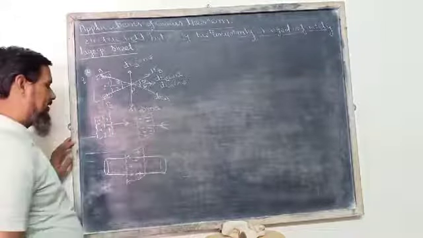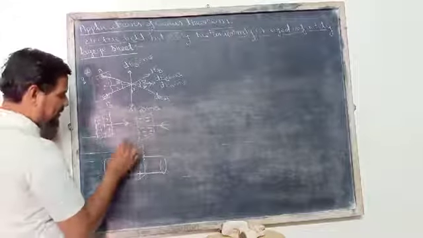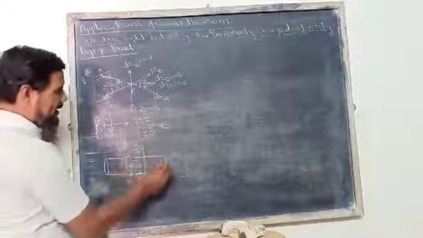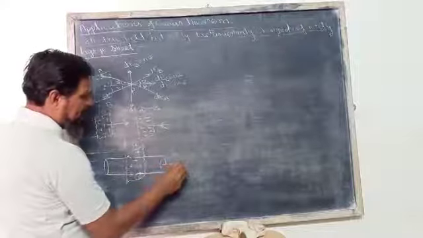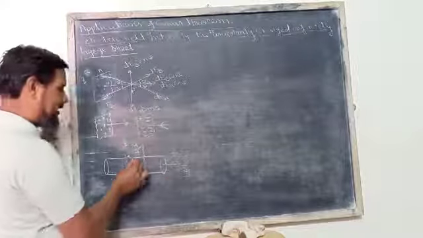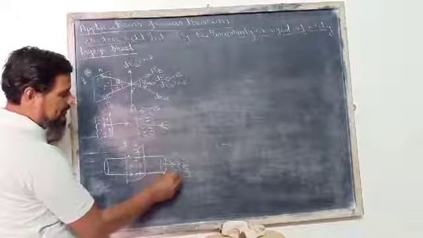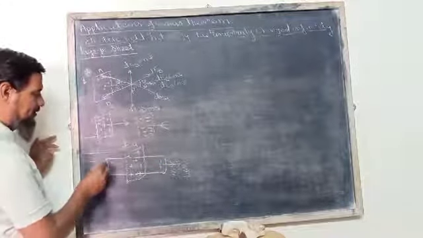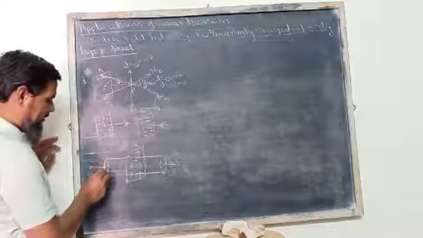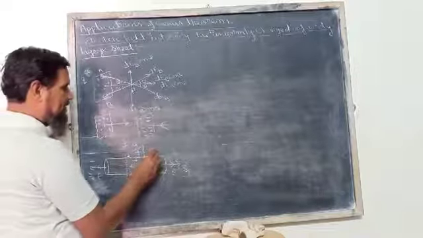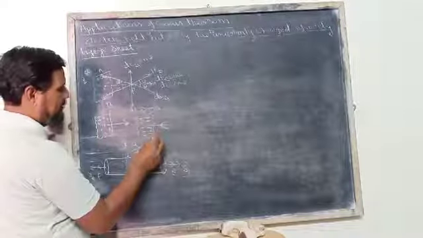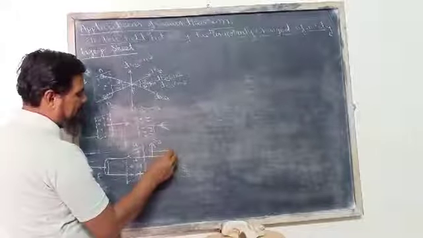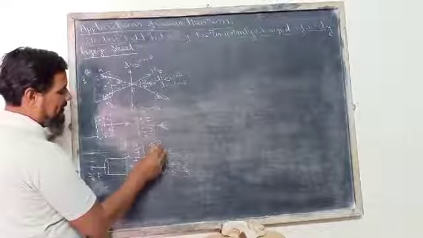The corresponding charge is Q, the corresponding area is A, and here will be the surface S1. The direction of electric field intensity will be along this direction, and this is the surface S2, and the direction of electric field intensity will be along this direction. The third surface is the curved Gaussian surface, where the direction of surface area is dA and the electric field intensity is along this direction, and this angle is 90.